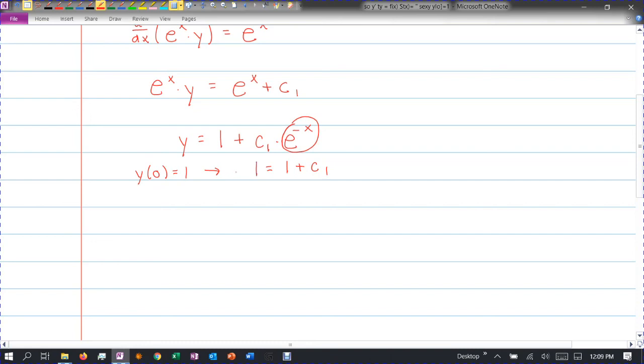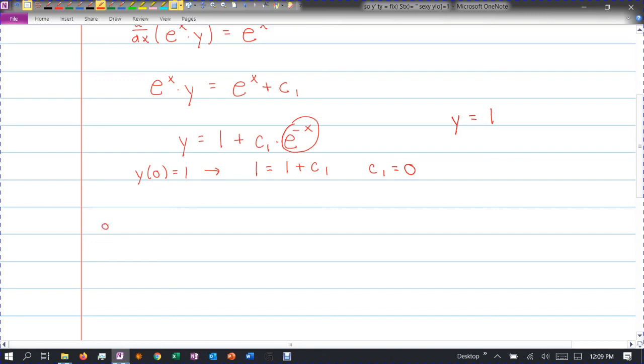Yeah, okay. C sub 1 equals 0. That's kind of strange because that means that y is equal to just 1. Okay, all right, let's keep going.